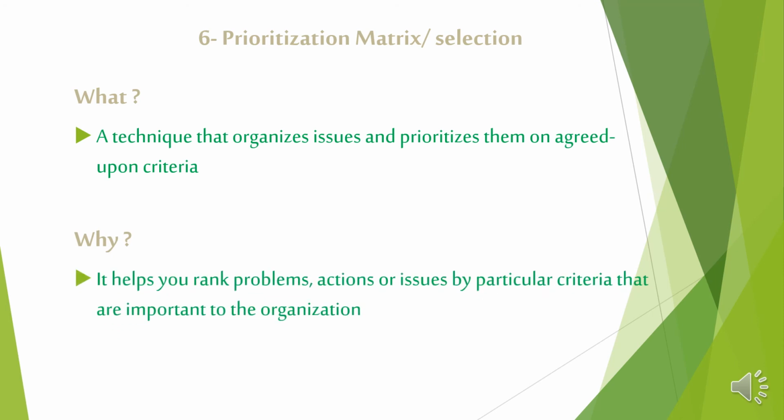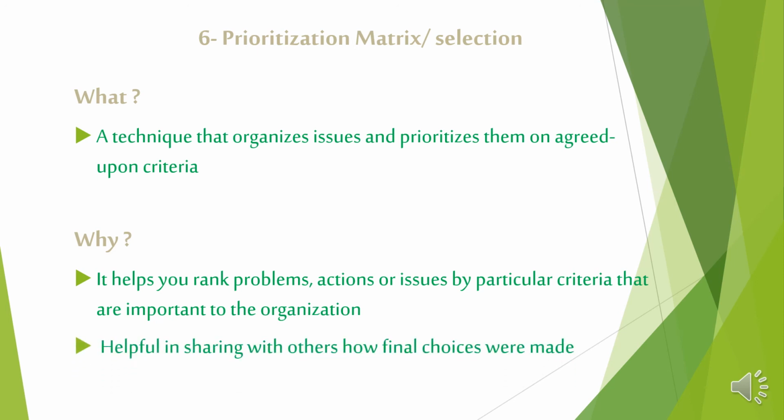It helps you to rank problems, actions, or issues by particular criteria that are important to the organization. It's helpful in sharing with others how final choices were made. So the choice here is not according to somebody, whether he's a manager or a leader or a staff or a head of department. No, ranking here is done according to a theory, according to a tool, which is the selection or prioritization matrix.